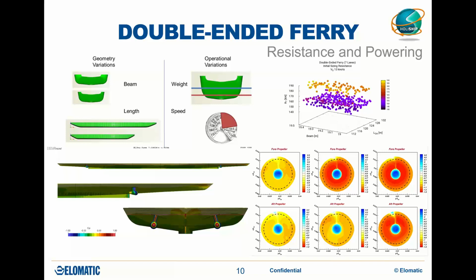For example, if we had 4 pods, the power required by the Finnish ice class regulations was 1.8 megawatts for the vessel with an overall length of 121.5 meters and a beam of 19.6 meters. For the ferry with only 2 pods, the demand was even 2.1 megawatts, so the increase was 22%. So because of this and the hull shape, we selected to use 4 pods in our double-ended ferry.